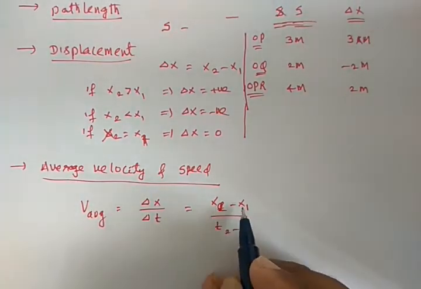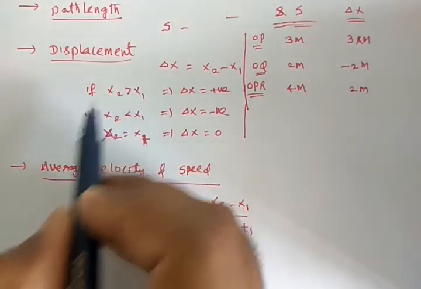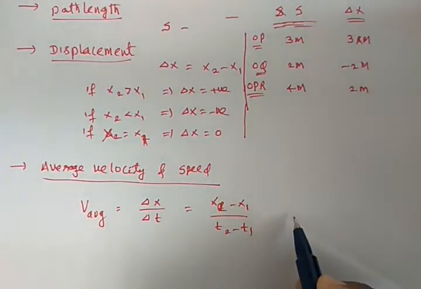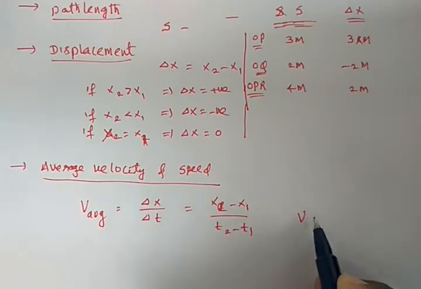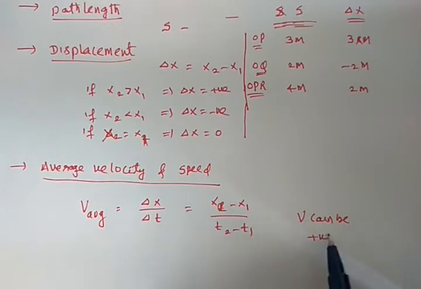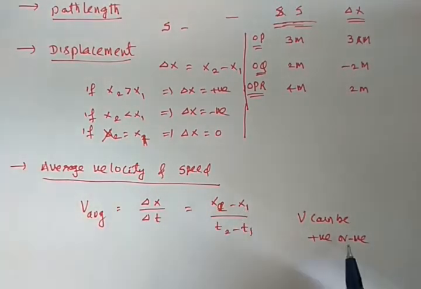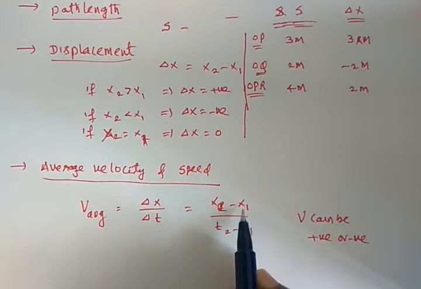If x2 is greater than x1, then V average becomes positive. So V can be positive or negative or even 0. If x2 is greater than x1, you get positive. If x2 is less than x1, you get negative.